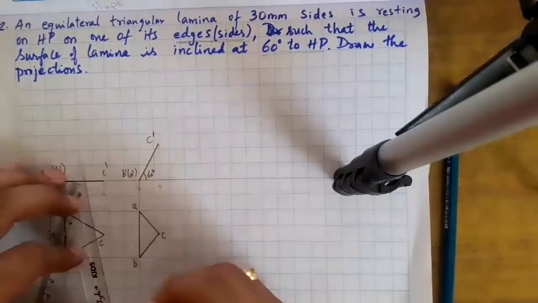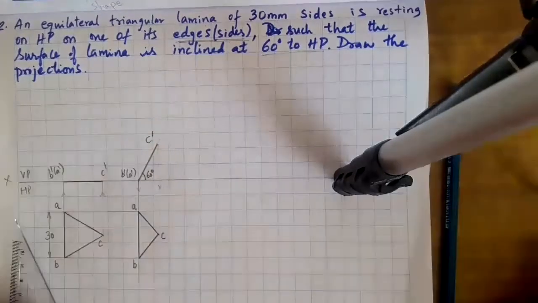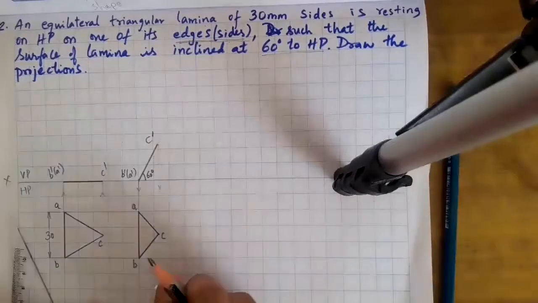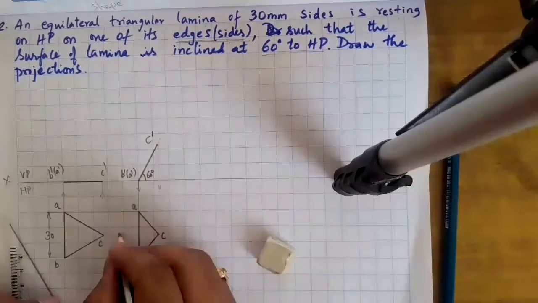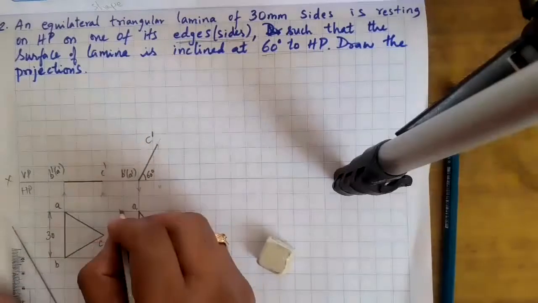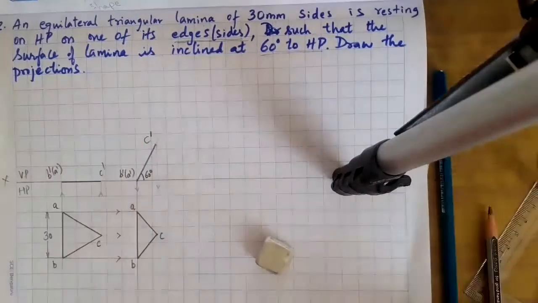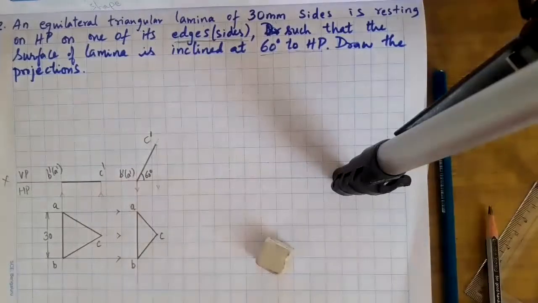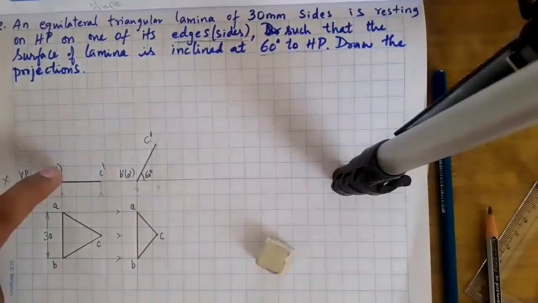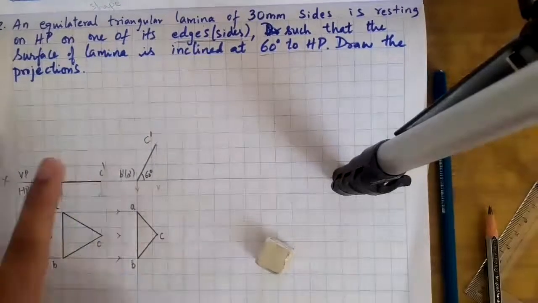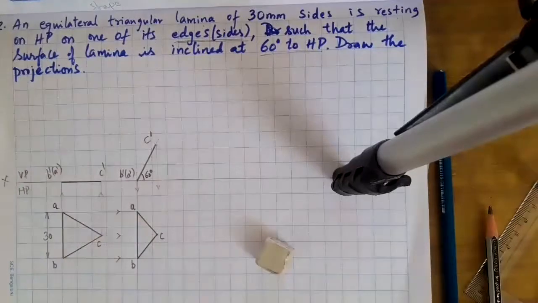Please see, I am erasing these extra lines, and the projection lines are very, very thin, almost not visible for you maybe. What you are seeing in the camera, the front and top views of the object 1, 2, 3, 4, just make it dark. So that is very, very important.